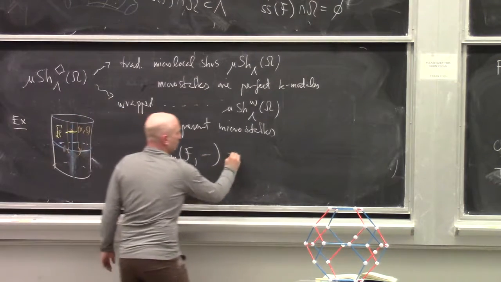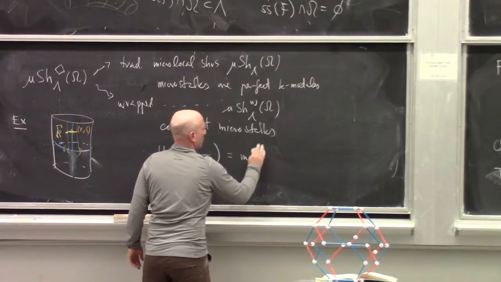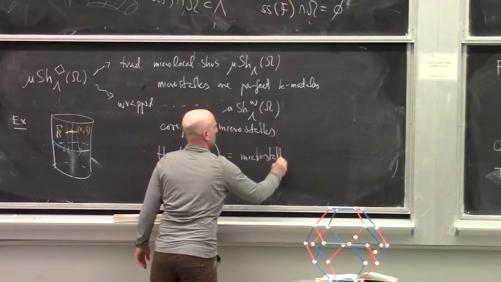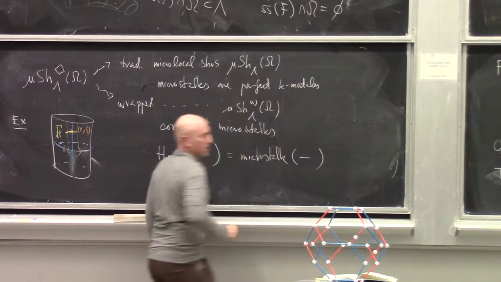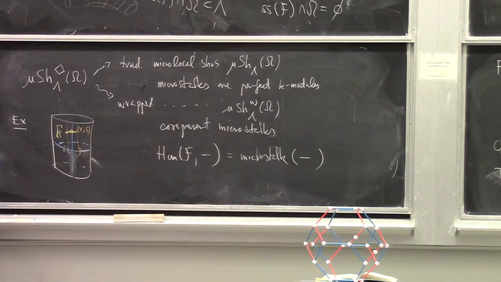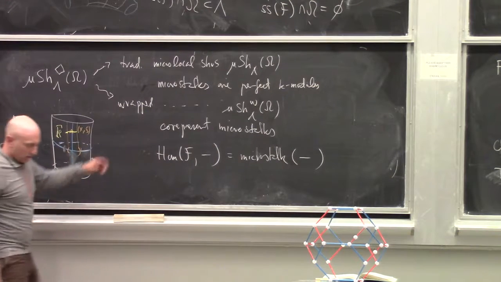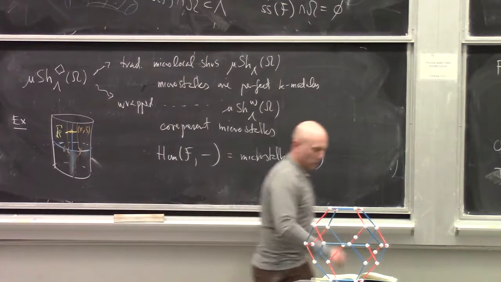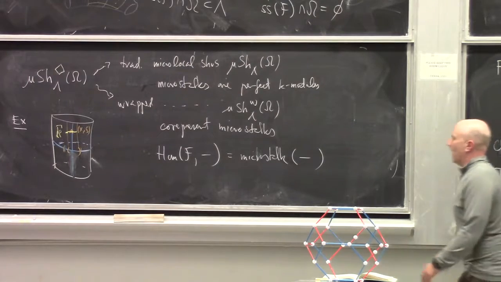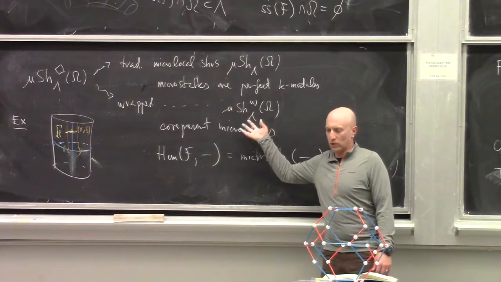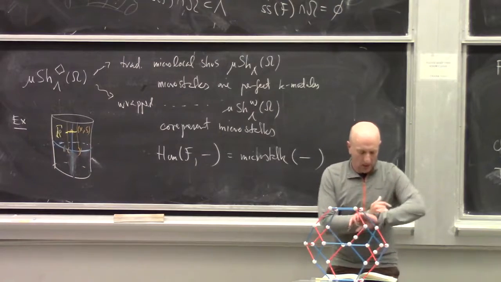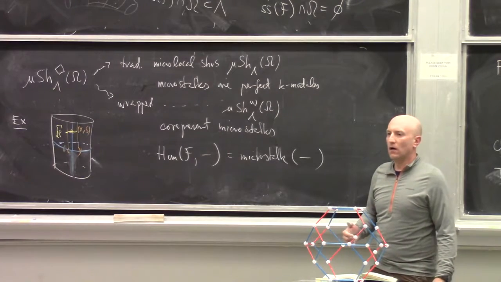Is this equal to the microstalk at some point? What I propose is that wrapped microlocal sheaves are the objects co-representing these restrictions. Is this wrapped category the co-completion of the traditional category?